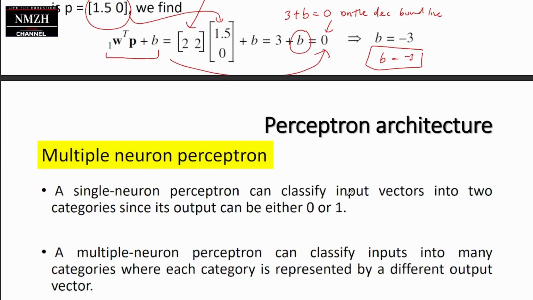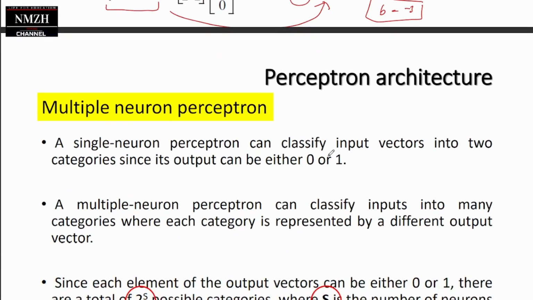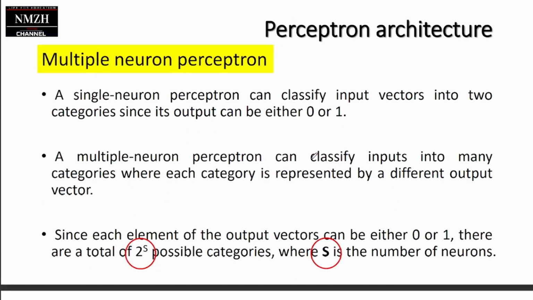Right, so we move to the multiple neuron perceptron over here. The single neuron perceptron can classify vectors into two categories, 0 and 1, as we discussed earlier, right? The multiple neuron one, this one is multiple, this one is single, can classify inputs into many categories, where each category is represented by a different output vector. So it depends on the data given.